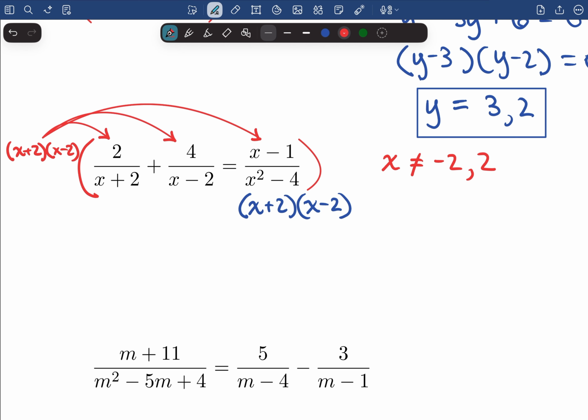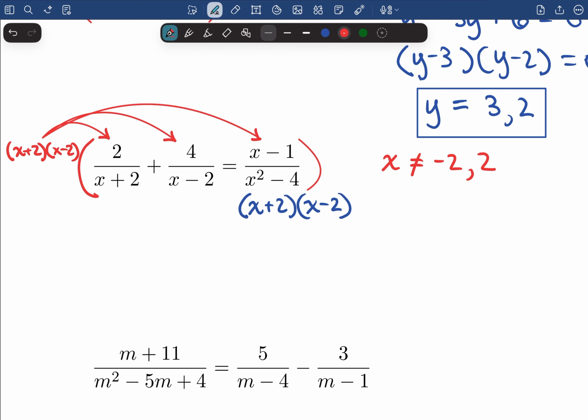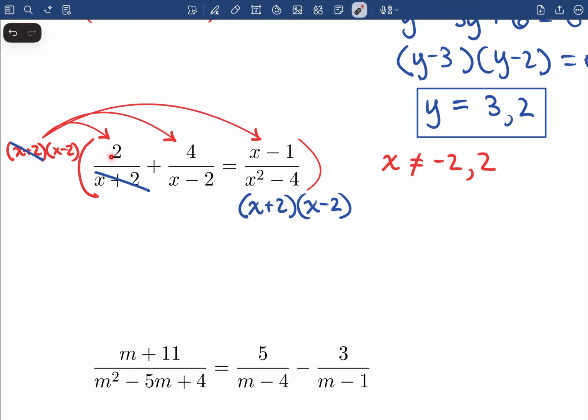Okay, and so now I'm ready to move forward. When I multiply x plus 2 times x minus 2 into the first fraction, I notice my x plus 2 factor on top cancels the x plus 2 factor on bottom. So I'll do that explicitly for you. I'm going to be canceling this with this, you see? And then the 2 of the numerator will get multiplied with the remaining factor of x minus 2.